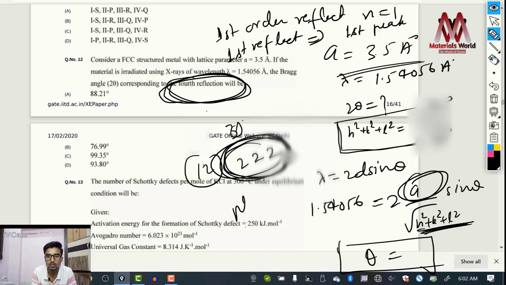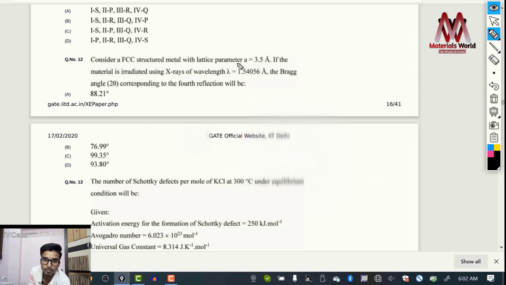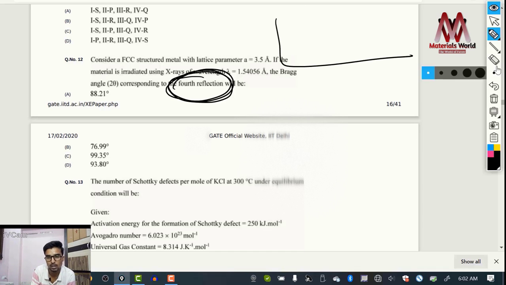So it is not asking directly for the 2 2 2 plane. For the 2 2 2 plane HKL will be 2, 2, 2. So the only trick is that it is asking for the fourth reflection, so you have to find out the corresponding HKL value for the fourth reflection. For that, you know the trick, 1, 4, 3, or I love you.